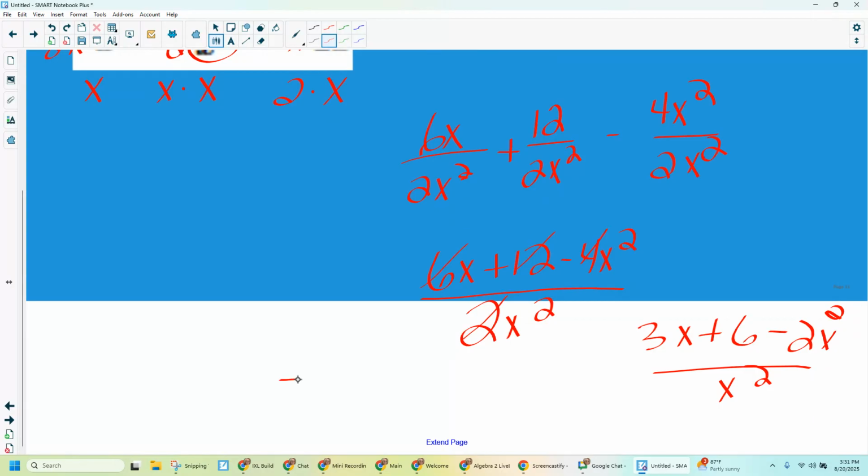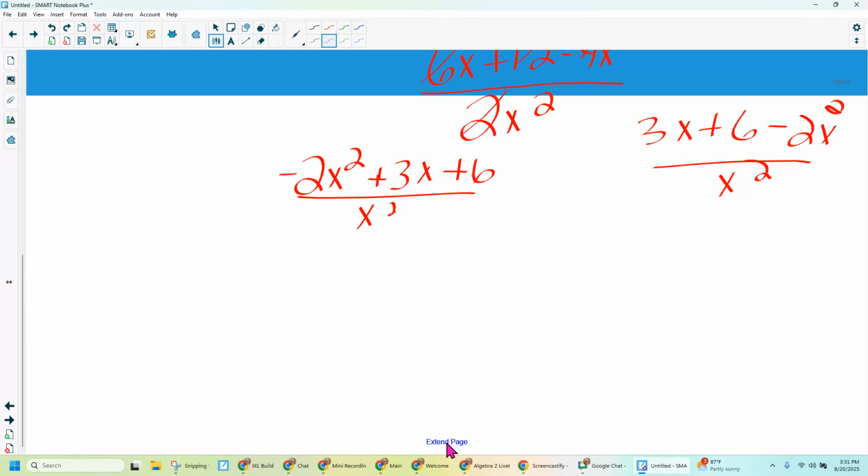I want to put my x squared first: negative 2x squared plus 3x, kind of in standard form this way, plus 6 over x squared. Can my numerator factor? I have a trinomial in the numerator. It cannot factor any further, so that is going to be my final answer.